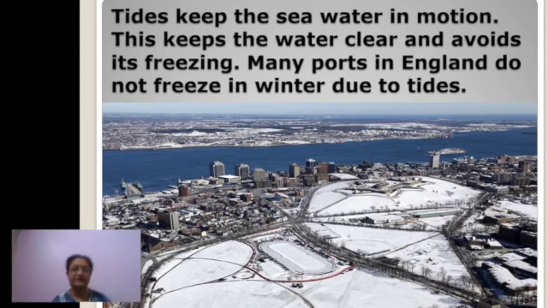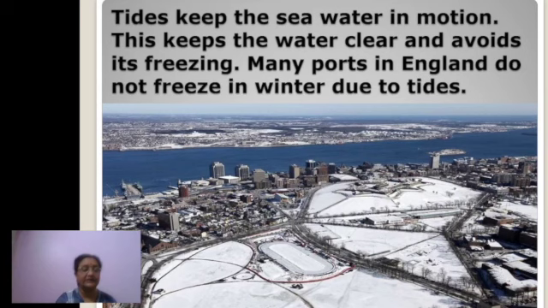When the water is close to the frigid zone or near the poles, there are always chances of water freezing, right? But the tides are the reason which keep the water in its normal condition. And many ports in England, one example you can take, do not freeze at all in winters just due to the tides. Regular tides are caused in that part.